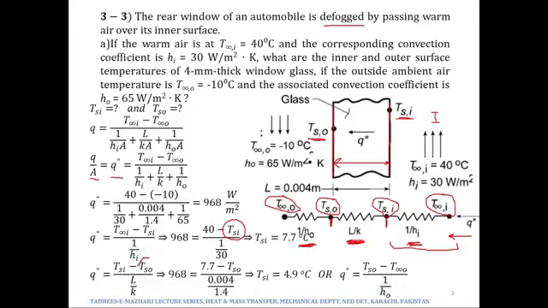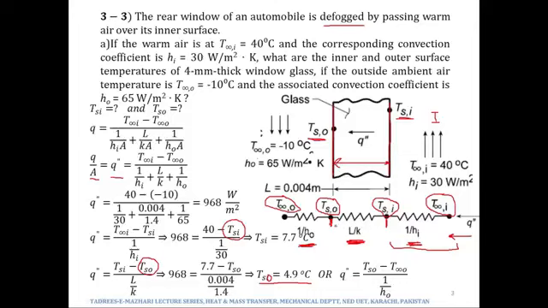Now Ts naught is the only unknown because heat flux is 968, Tsi has been calculated as 7.7, the thickness of the glass is 4 millimeters and the conductivity of the glass is 1.4 watts per meter Kelvin. So we would be able to find out the inside, sorry, let's correct it, it's outside temperature of the glass as 4.9 degrees Celsius. This is one way of finding it out.